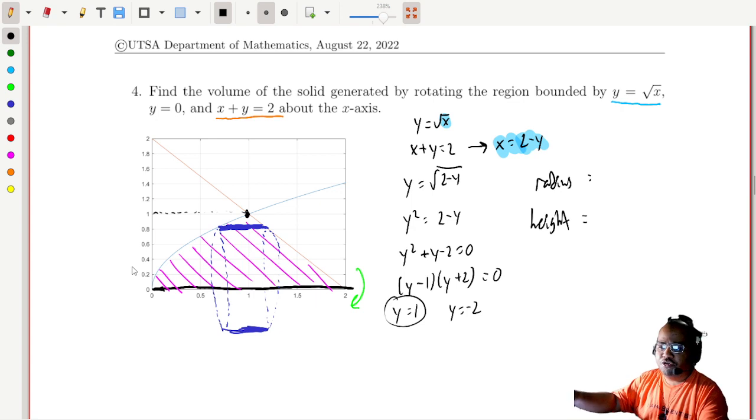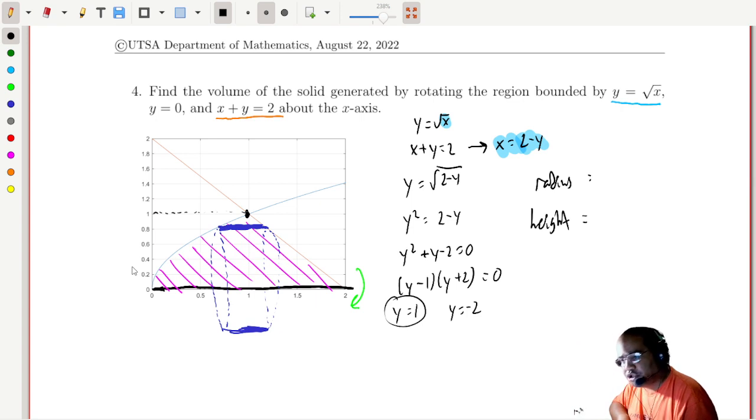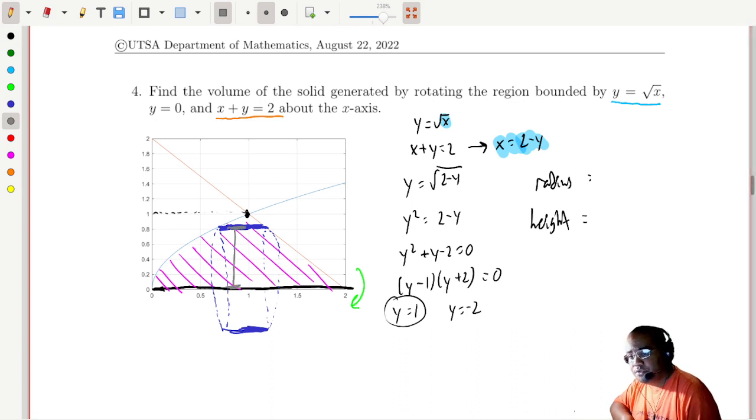If you're working on your computer, you can paste that into your digital notebook like I have here and annotate it. Our shell radius is the distance from our strip to the axis of rotation.